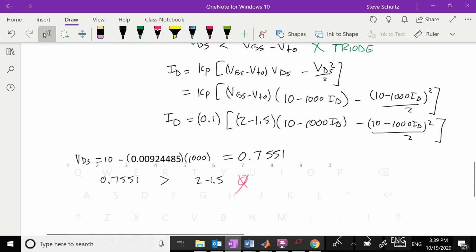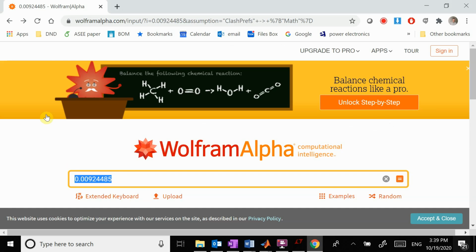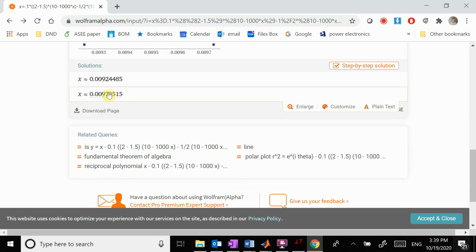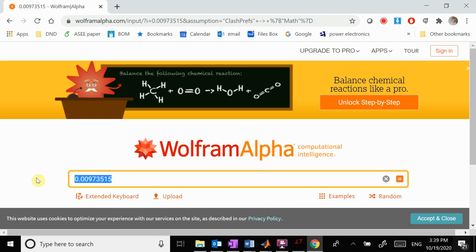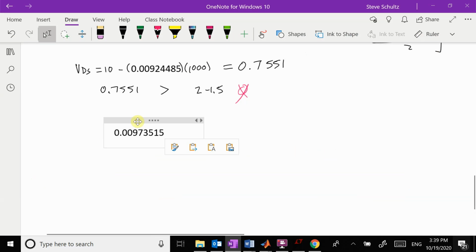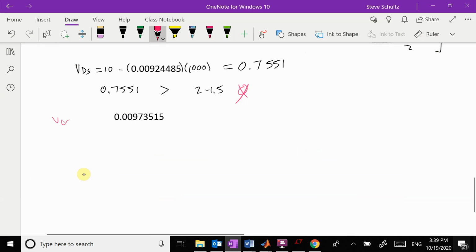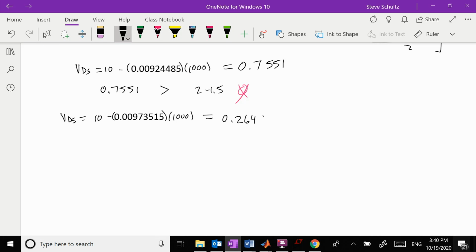So let me go back and check my other solution. So in this case, I have this number. So now we have VDS. We have VDS is equal to 10 minus this times 1,000, which is equal to 0.2649.